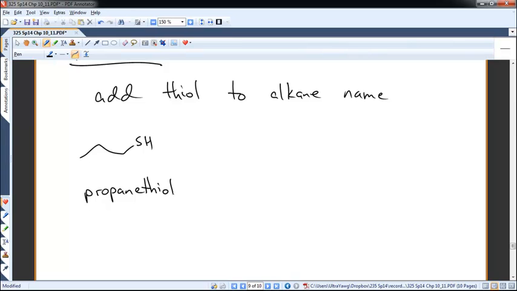The common system, which you will also see, well, you won't see from me, but you'll see if you look in literature, is to say the name of the alkyl substituent, 3 carbons, which would be propyl, and then instead of saying thiol, you use this word mercaptan, which I think sounds cooler, right?